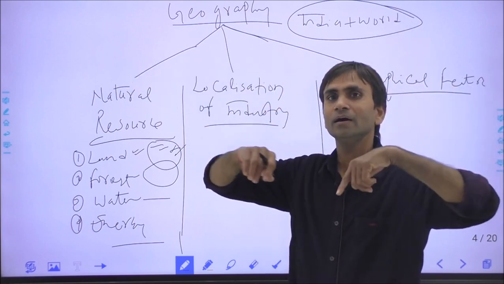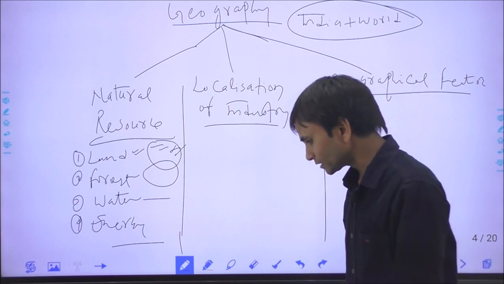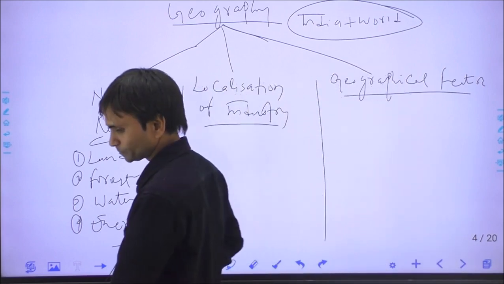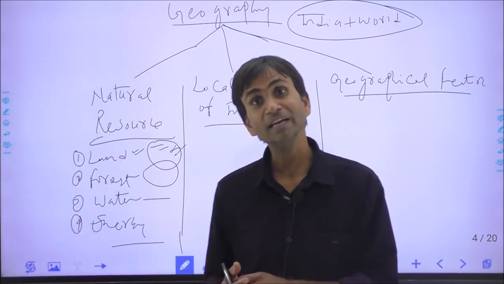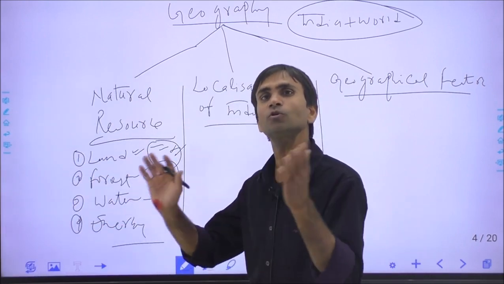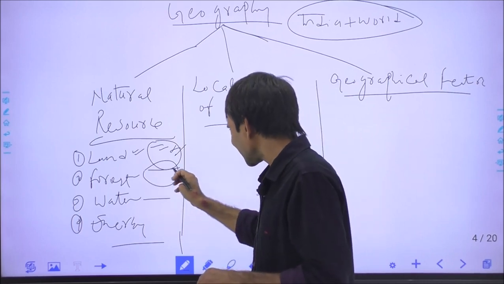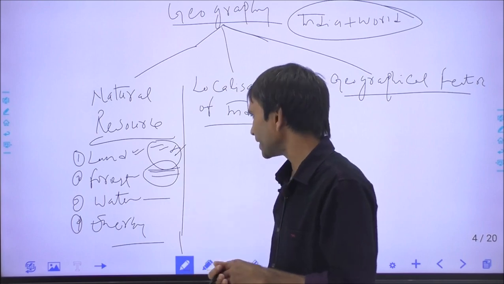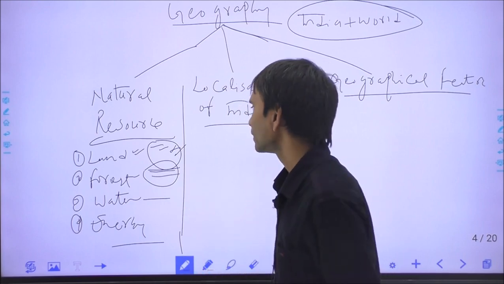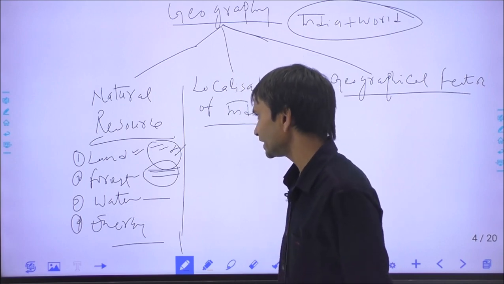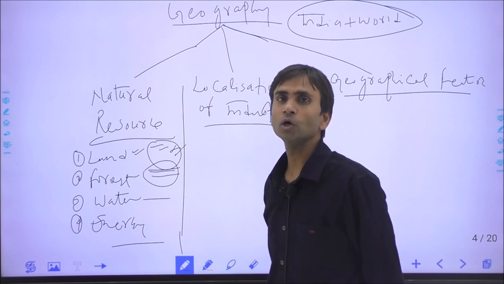According to national or international standards, 33% of the geographical area must be under forest cover, but in India it is about 20 to 22%. So, in India, what kind of policies are we making to improve the forest cover, and what kind of challenges is India facing presently due to the low forest cover?